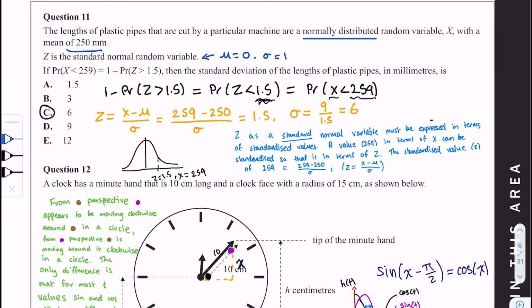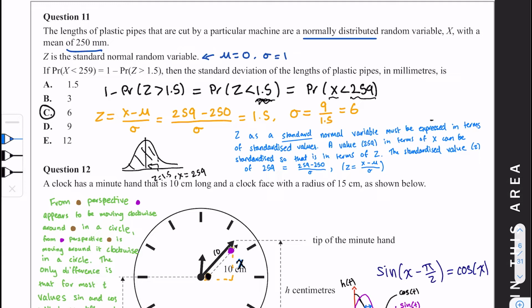The probability that it's less than that, as either z values or x values, is going to be equal. They're both going to have the same area less than that. So past this point, the probabilities are both going to be the same, is basically what it's saying.